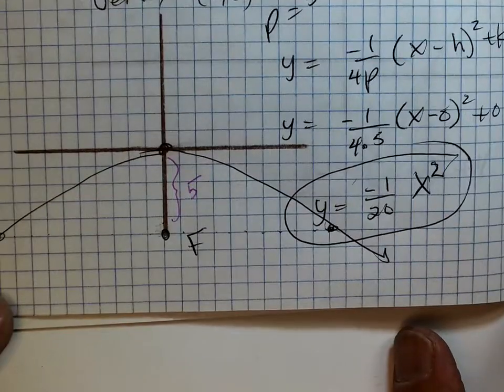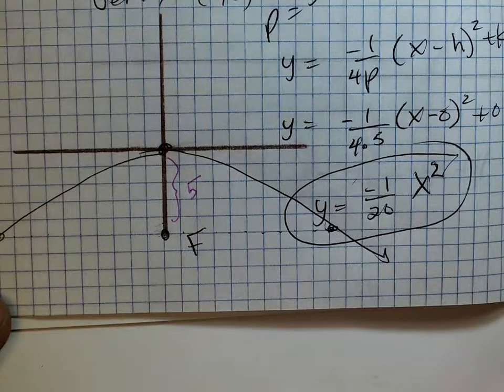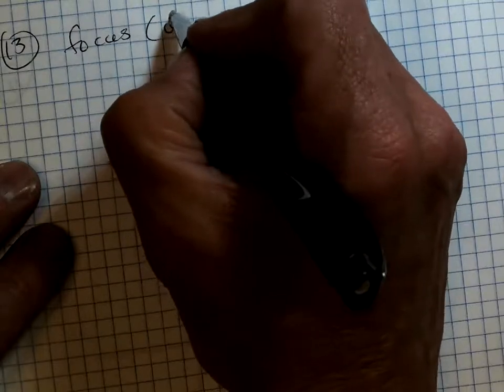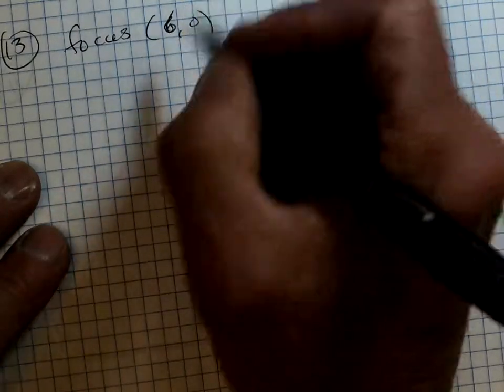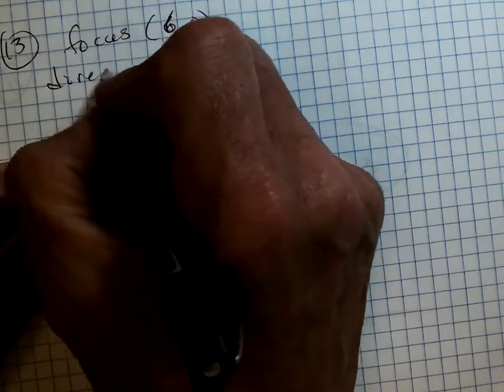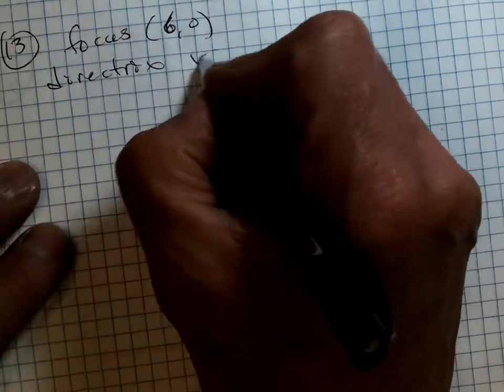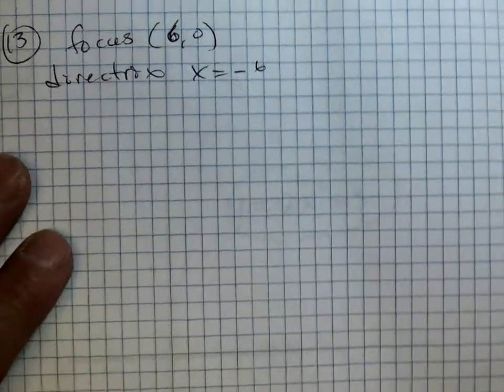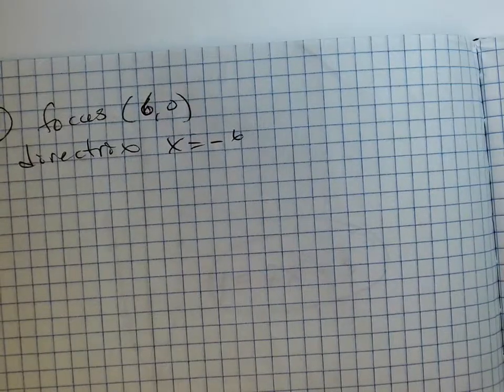Okay, ta-da! Let's look at number 13. All right, 13. We have a focus at 6, 0, and a directrix at x equals negative 6. Okay, if I can graph it, I can do it. Always, always, always.